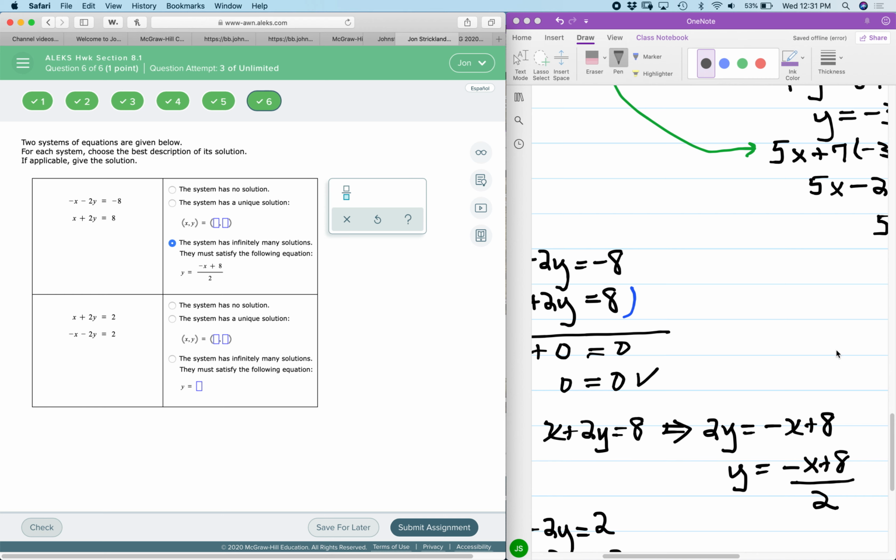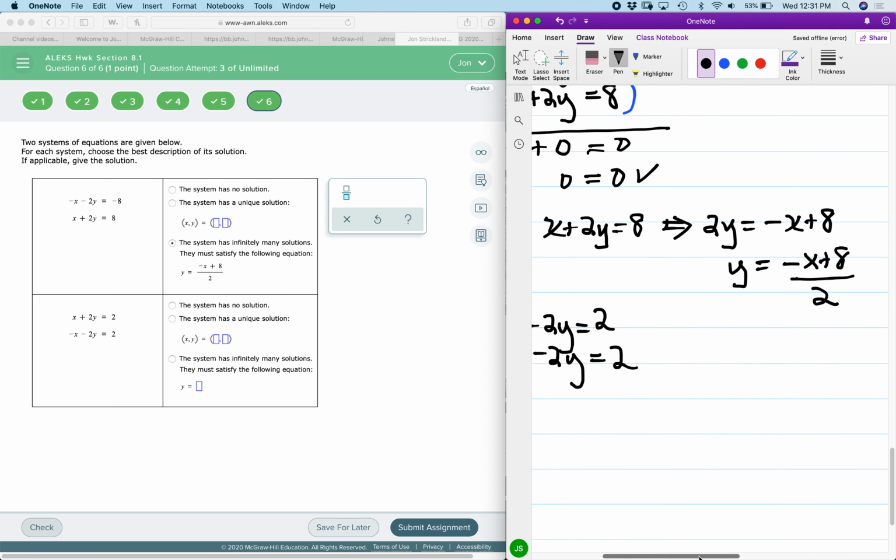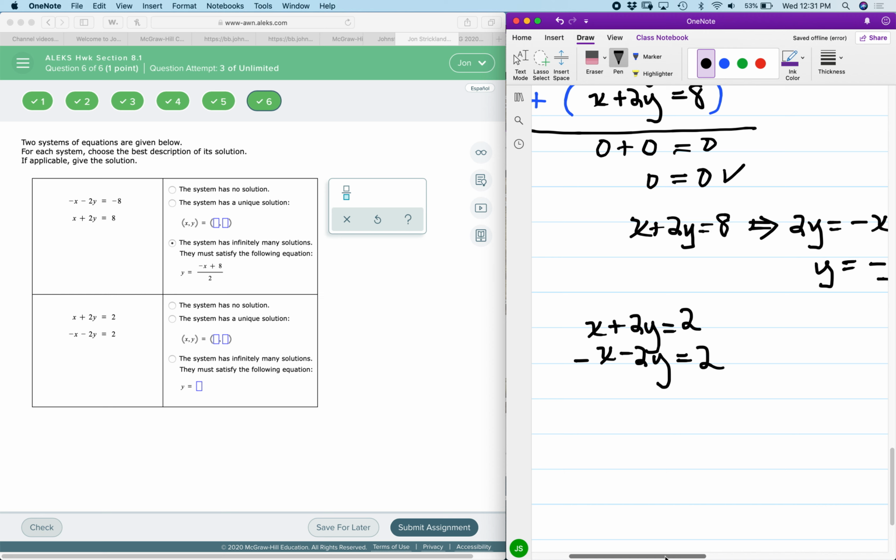Now, in the case of the other system, we have x plus 2y is equal to 2, and negative x minus 2y is equal to 2. If I look at adding these equations together, we have x plus negative x is 0, and 2y plus negative 2y is 0.